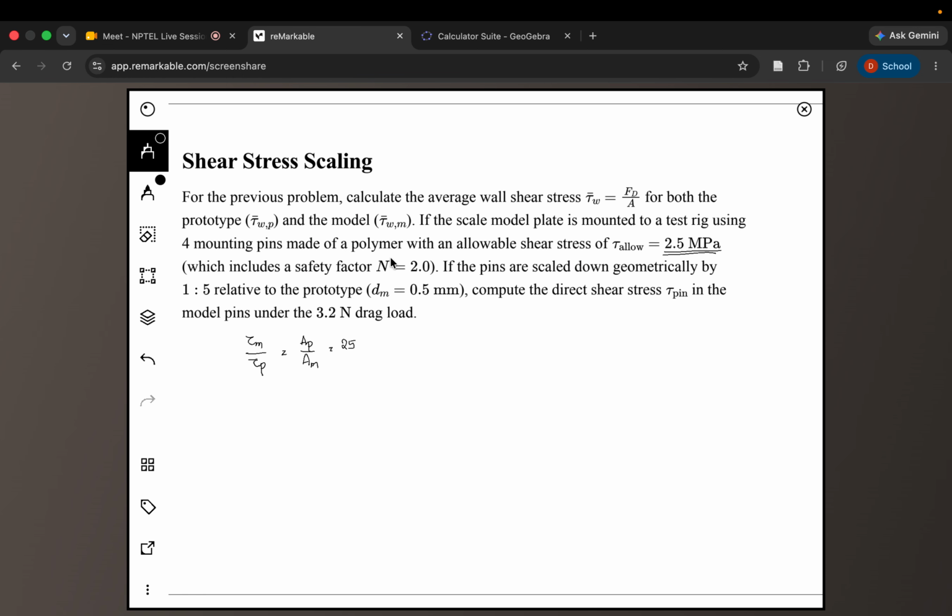But because you have 4 pins, you have to calculate the load, 3.2 Newton, divided by the corresponding area. From this you calculate the area and then you'll get the shear stress. So from the prototype case, you'll extend it to the model case and then see whether the value of tau is less than 2.5 megapascal or not. If it is, then you are fine. If it is not, then you have to increase your area accordingly for that particular pin.